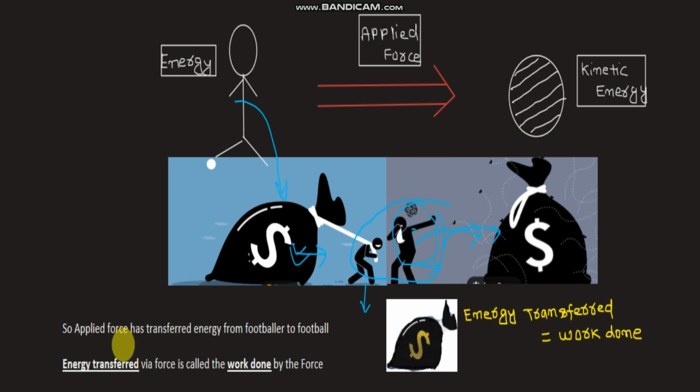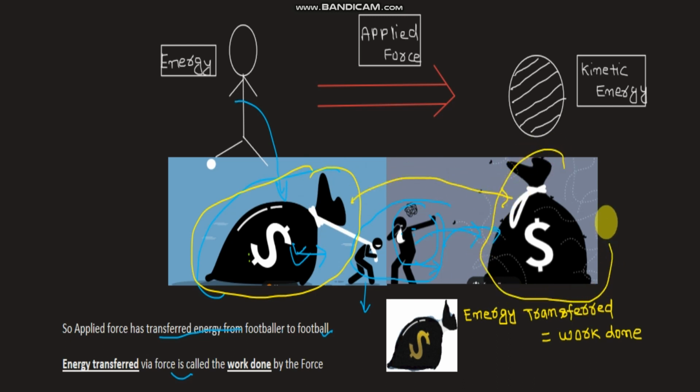So the applied force transfers energy from the footballer to the football, and this energy which has been transferred via the applied force is called the work done. So this is the energy which is being transferred from footballer to football. So this is a transferred energy, and who is responsible for transferring this energy?